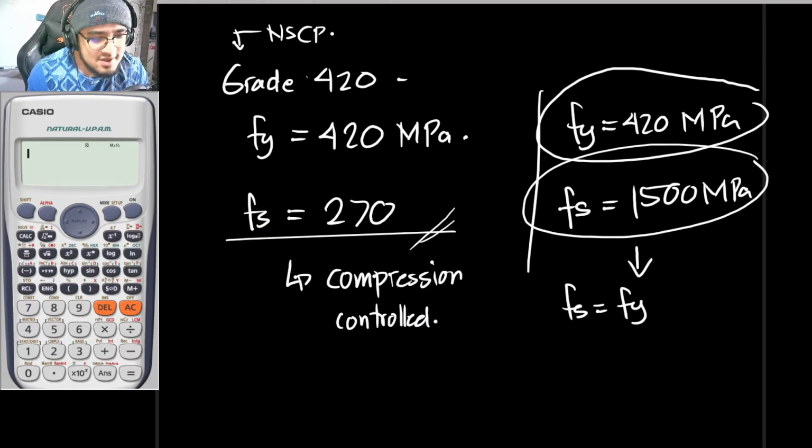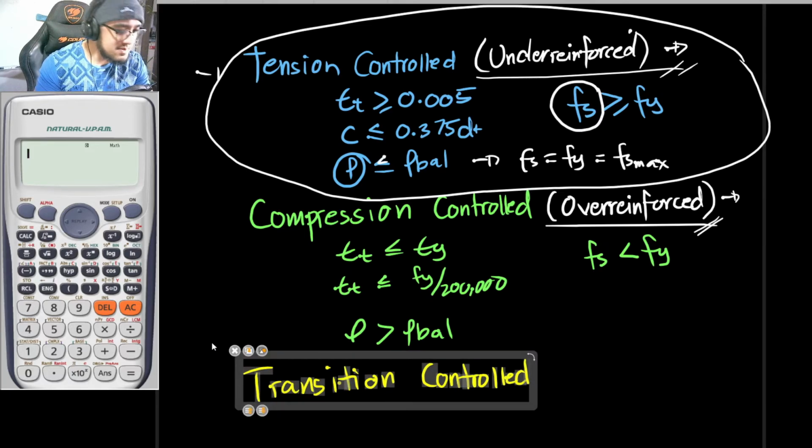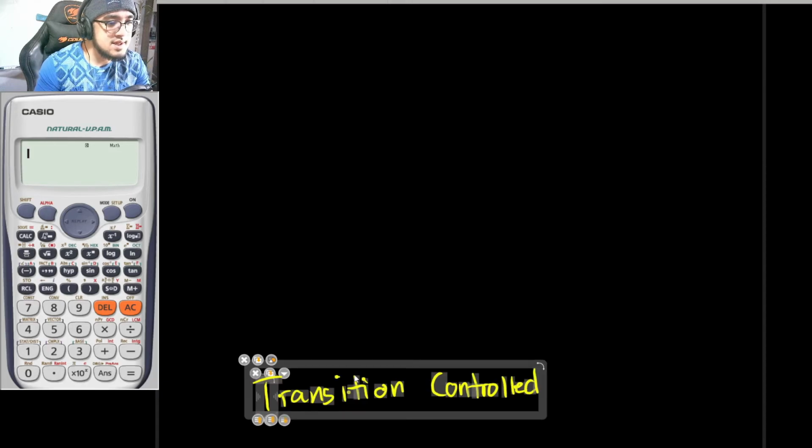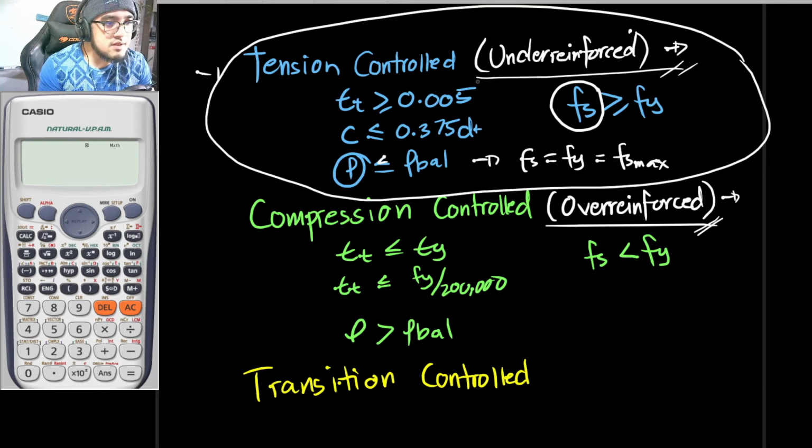Okay, so what about our transition controlled? I will just be copying this in a next slide because we do not have any space any longer. For our transition controlled, your strain t should be greater than or equal to 0.005, and your strain t should be less than or equal to strain y.